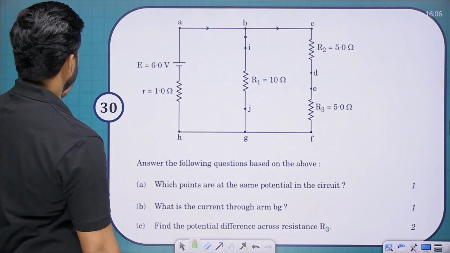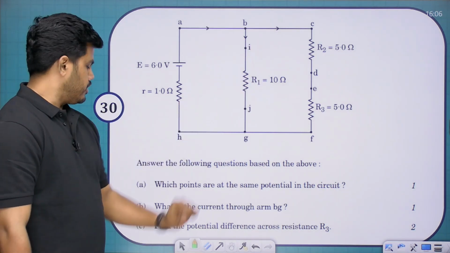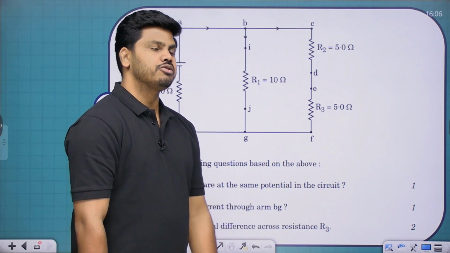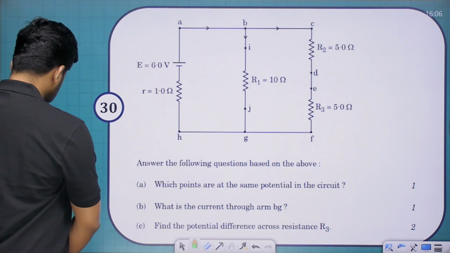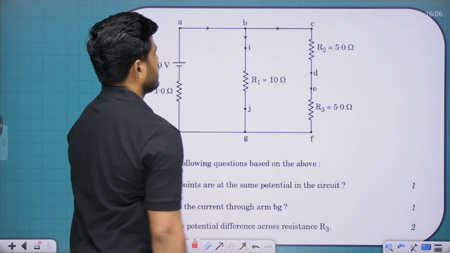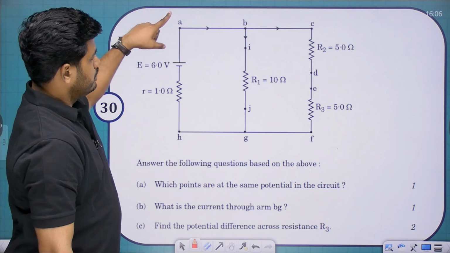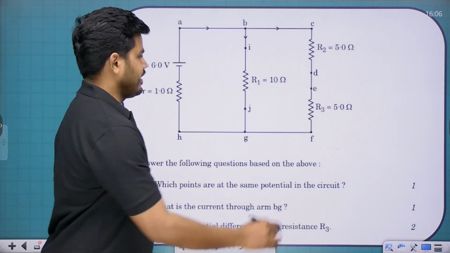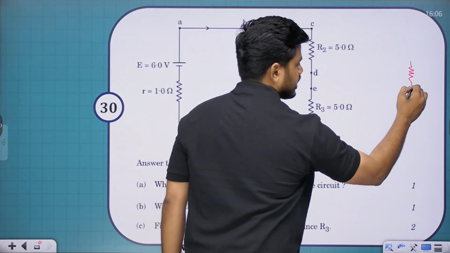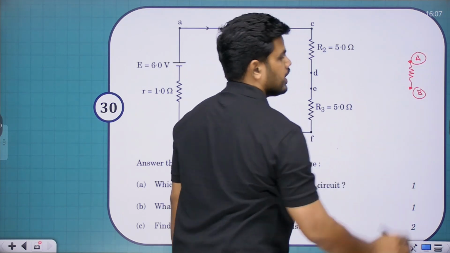Now, question number 30 is about a given circuit. Which points are at the same potential in the given circuit? Which are the 2 points with the same potential? Look at the diagram. We are given 2 points on this branch, D and E. We know whenever there is a resistor connected between 2 points A and B, there will be a potential difference between A and B, right?